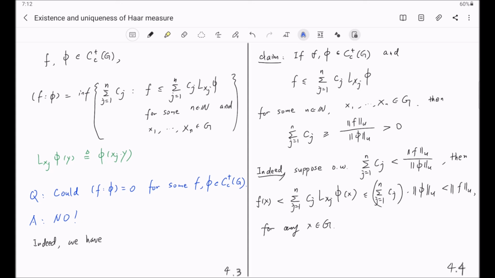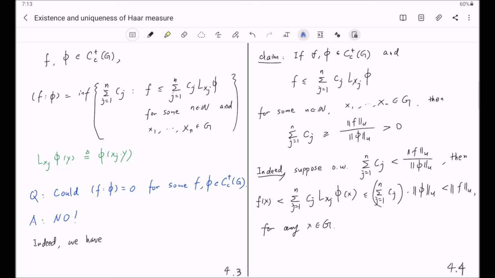So we get something that leads to a contradiction. We conclude that any x in G will make f strictly less than its supremum.